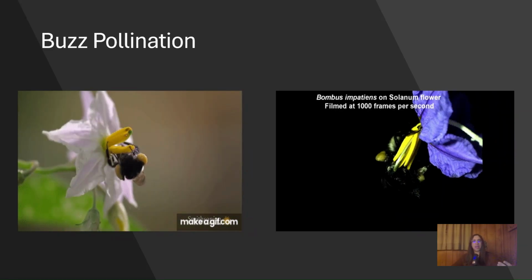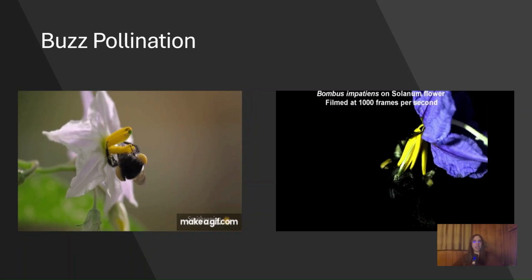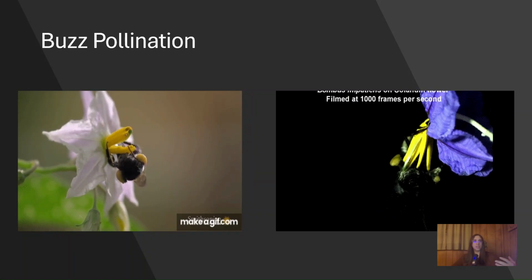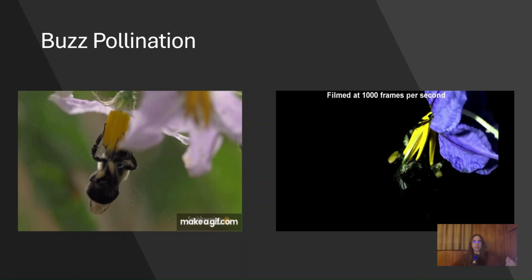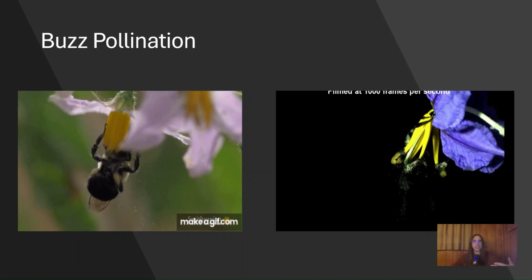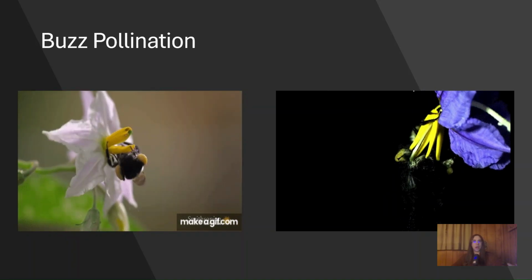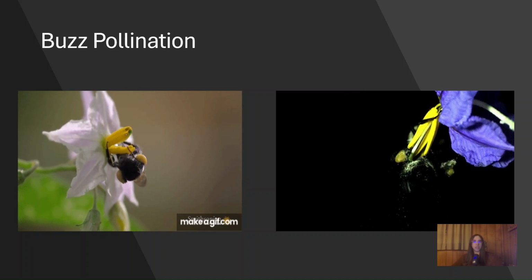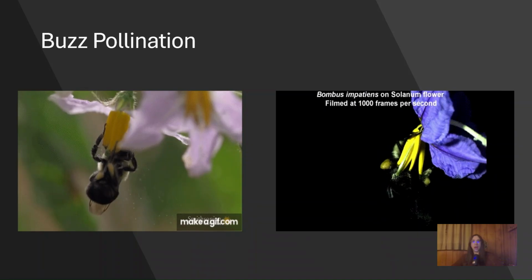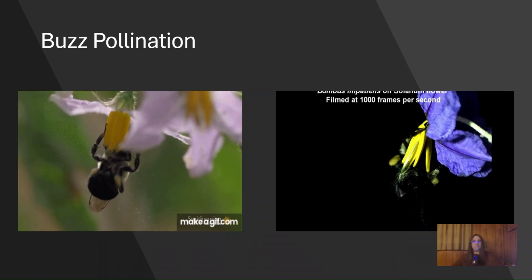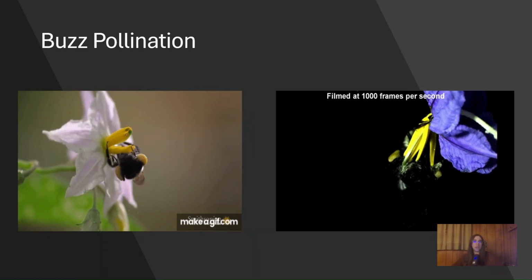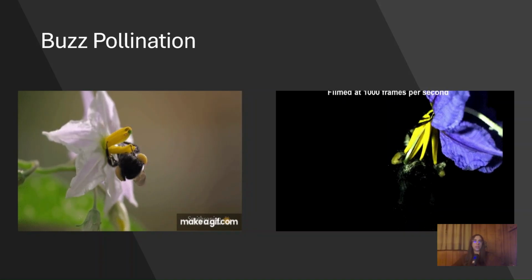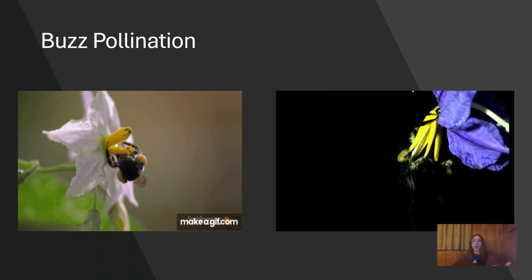But this is also somewhat of an adaptation by the flower itself, because by making this pollen difficult to get, it's targeting bees that are able to use buzz pollination to get the pollen out, because it knows that if a bee is able to get that pollen, it's very likely to visit another flower of the same species.